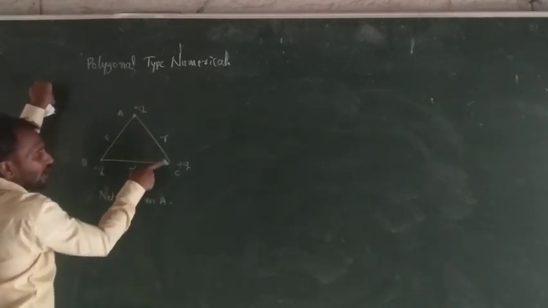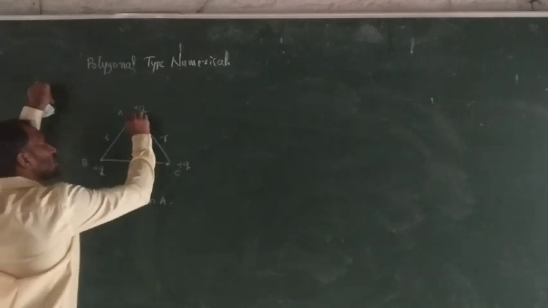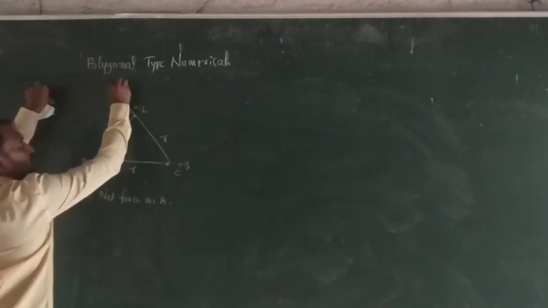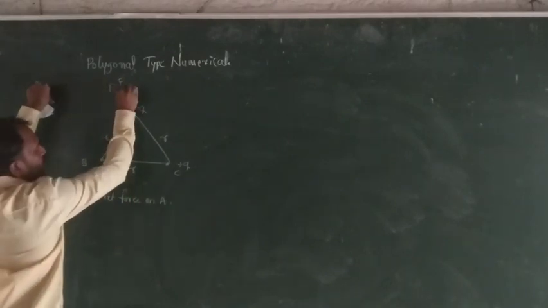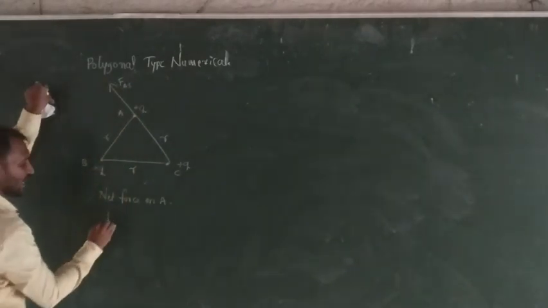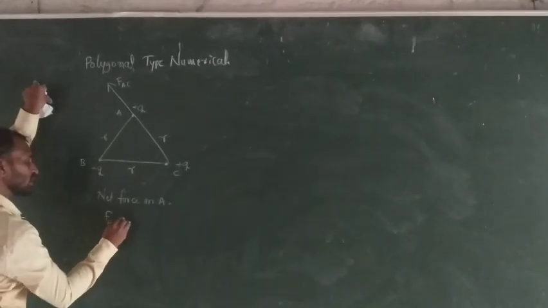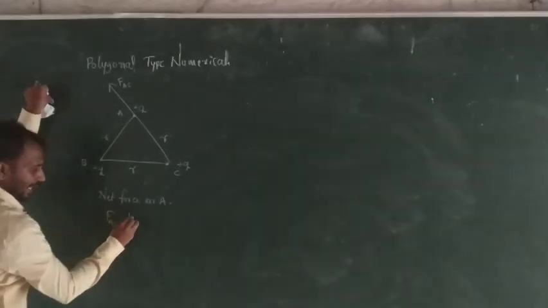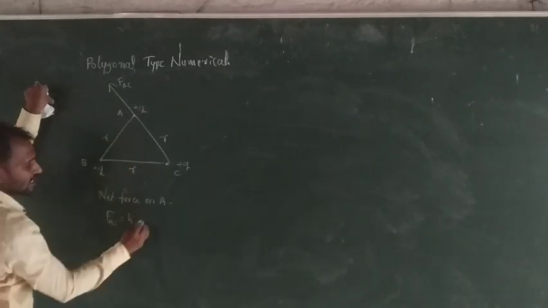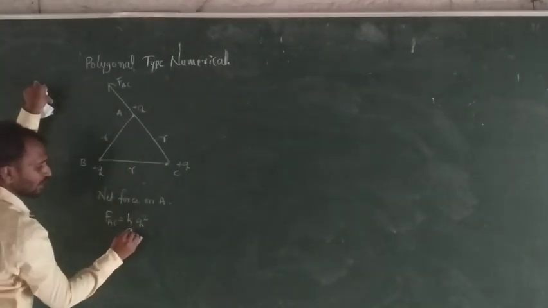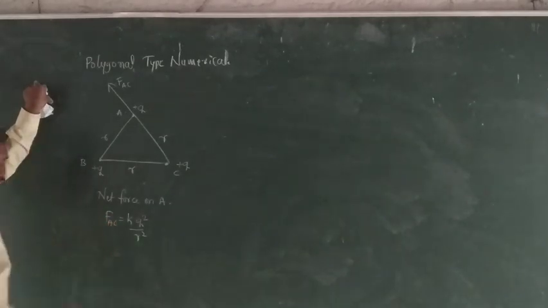Both are similar charges, so for this reason we get a repulsive force. So this one is FAC. FAC is equal to K, the Coulomb constant, times the product of the two point charges, Q square, divided by R square.